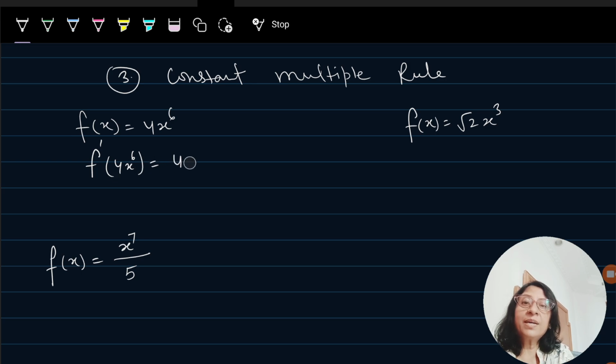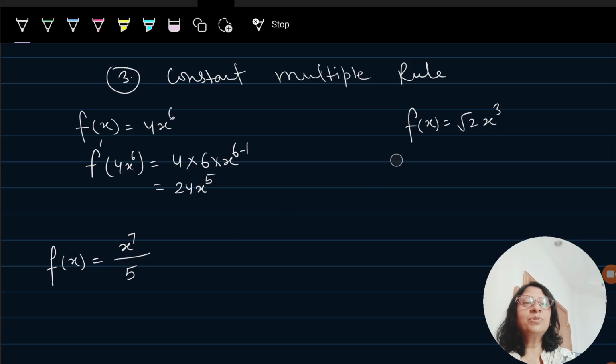First we write 4 as it is. Then what is our n? n is 6. So we multiply by 6, and then as we did in the power rule, 6 minus 1. So your answer will be 4 into 6, that is 24, x to the power 5. That's all. This is your answer. Isn't it easy?